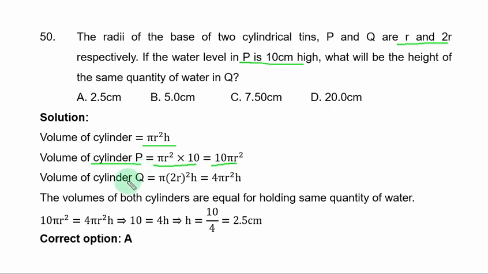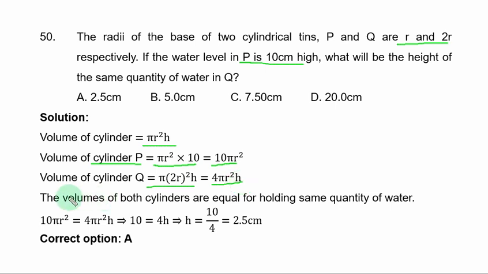Cylinder Q, the radius is 2r. So you replace r with 2r and also square it. You have it in this form, and you have 4 pi r squared h. The volumes of both cylinders are equal for holding the same quantity of water.